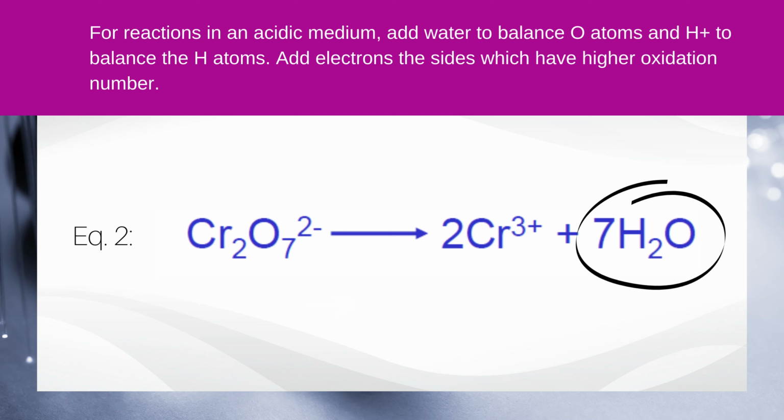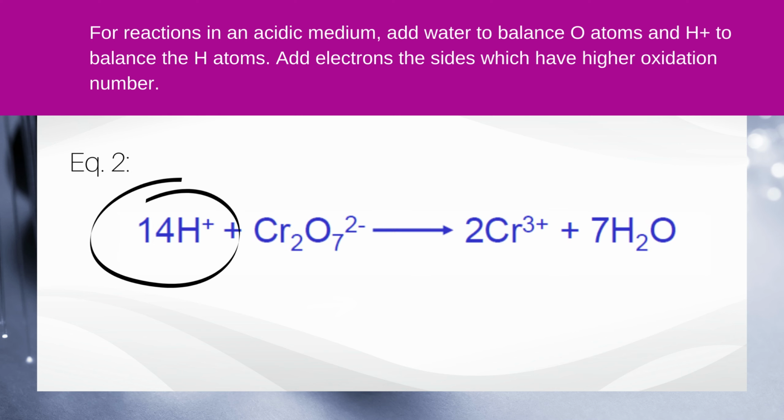To balance the H, we add H+. At the right side, we have 7H2O. That means 14 H. So we need to add 14 H+ at the left side.